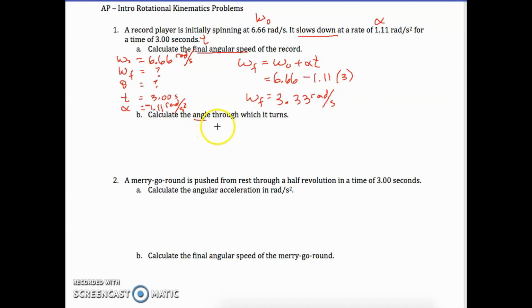Now we can choose almost any equation that we want to solve for theta. So we can use this one, as I will here, or you can use anything else that has a theta in it. You just need to make sure that you grab the right numbers from your list of givens.